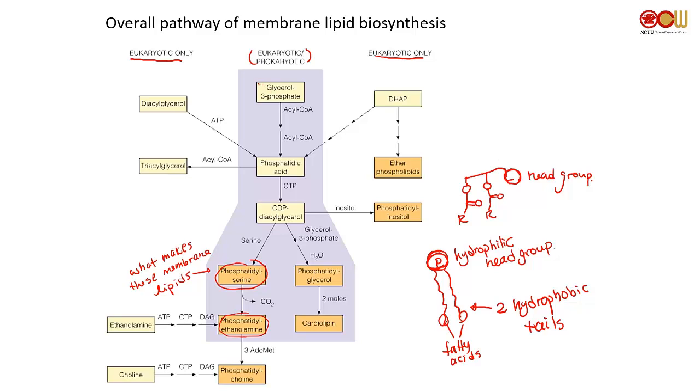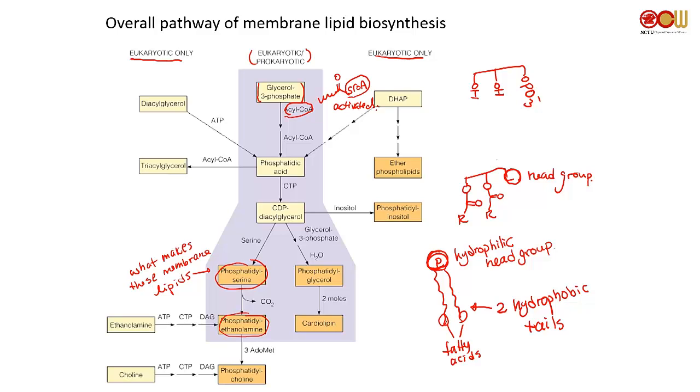In bacteria, you first start with glycerol 3-phosphate. Do you remember what glycerol 3-phosphate looks like? It looks like this: glycerol, and then you have a PO3 minus. Glycerol 3-phosphate. Then you're going to add 2 acyl-CoA. Remember that acyl-CoA is already activated.